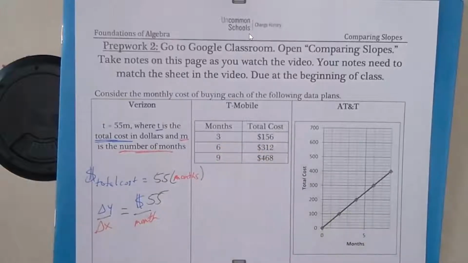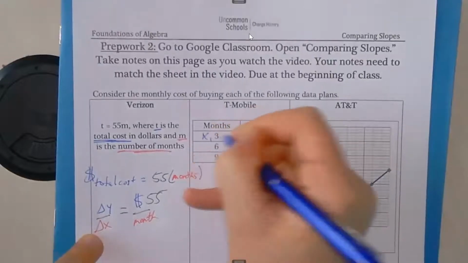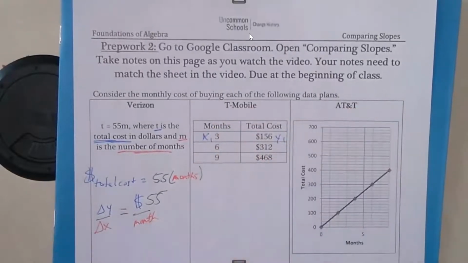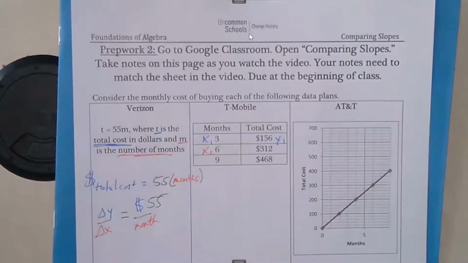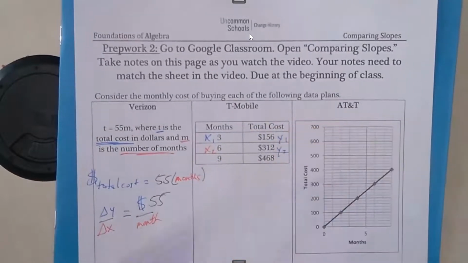So what we can do is we can label x1, y1, and x2, y2.